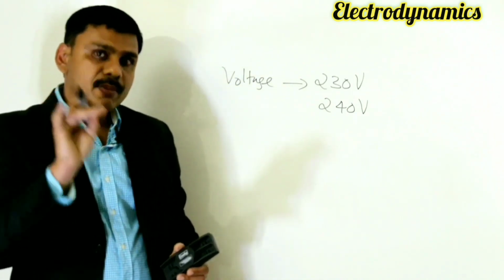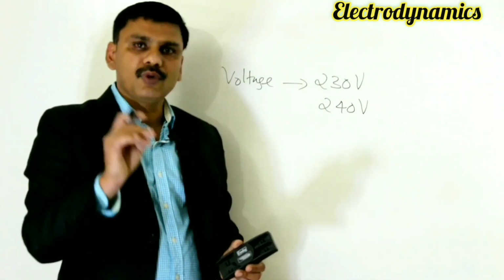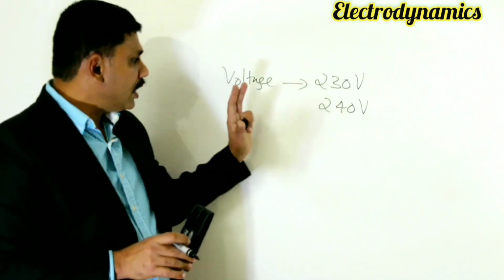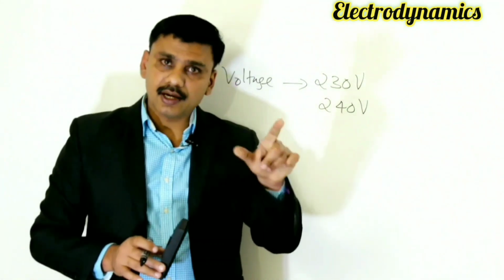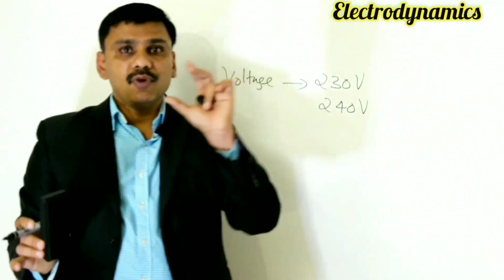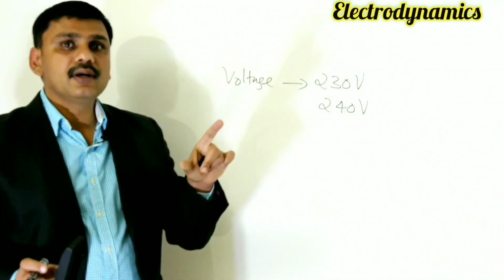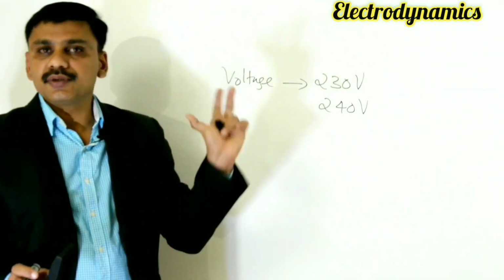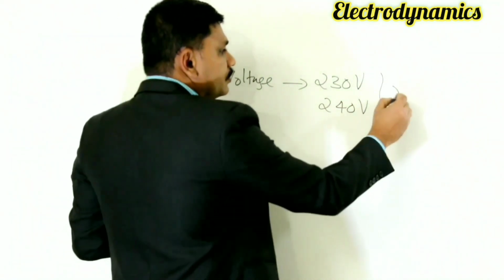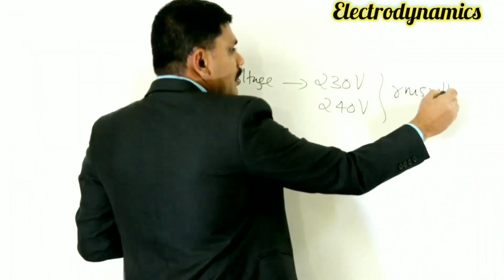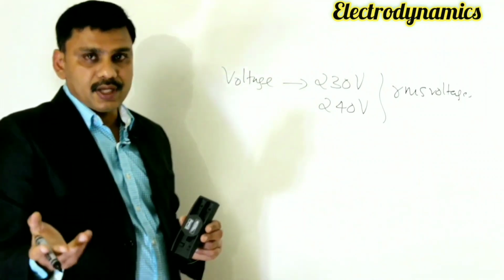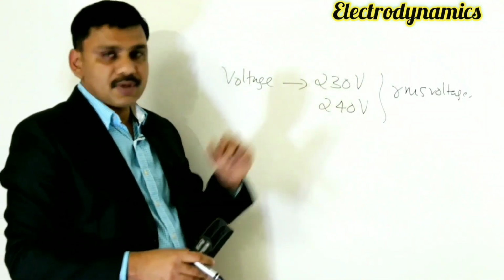If they are mentioning only peak current and peak voltage, you can use that directly. In some questions it is 230 volts or 240 volts, so these are the RMS voltage.